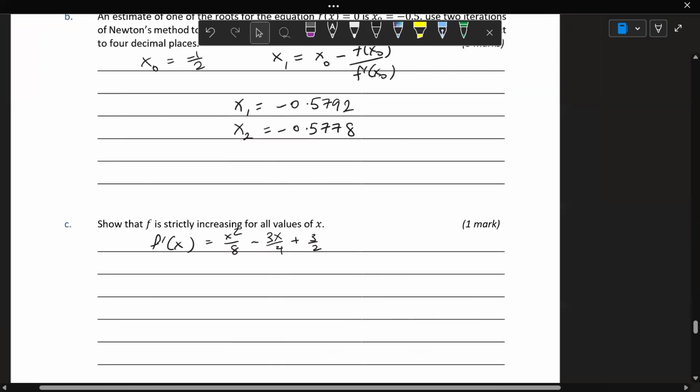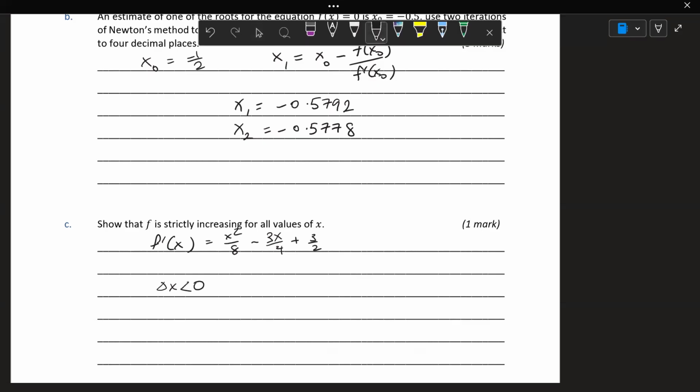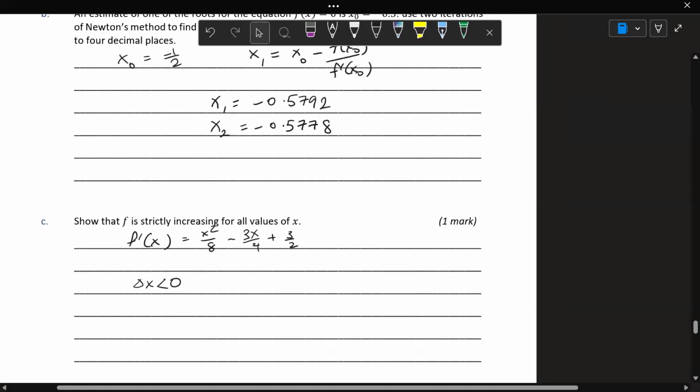And you want to find where there are no turning points, so just use the discriminant. Delta should be less than 0 because you don't want any turning points. Let's just find delta.